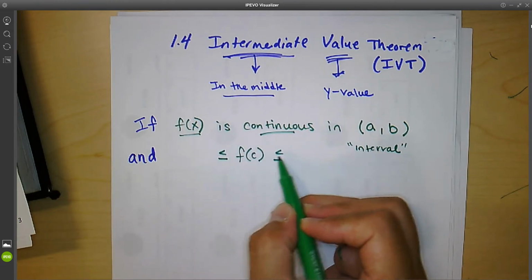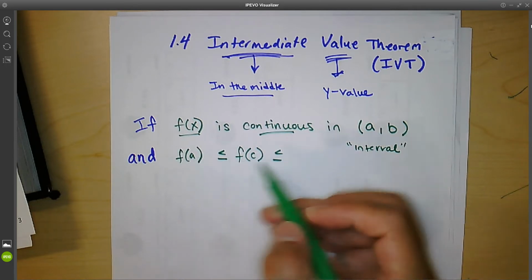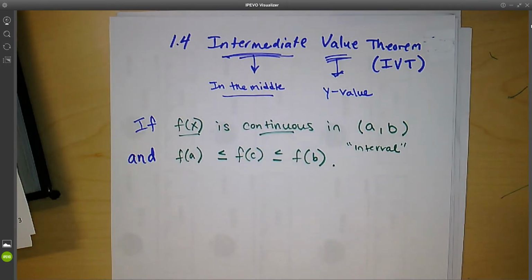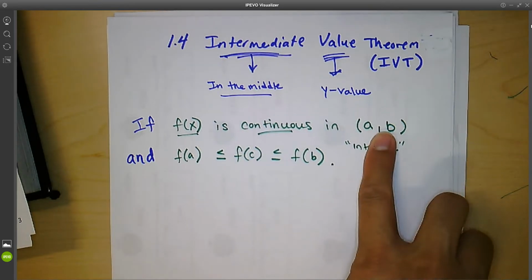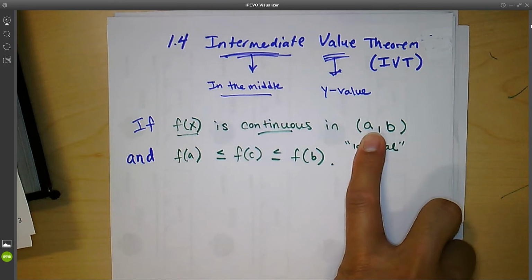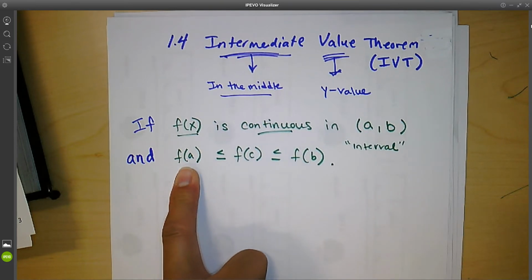To be a middle, it must be greater than f of a and f of b. What is f of a and f of b compared to a and b? A is the x or y value? F of a is the y value.